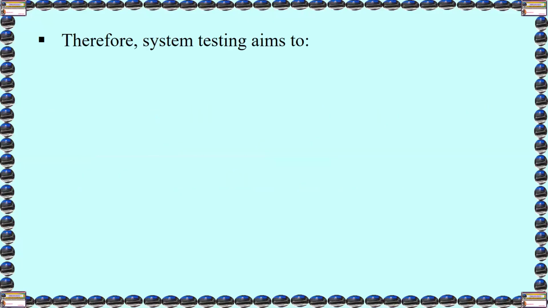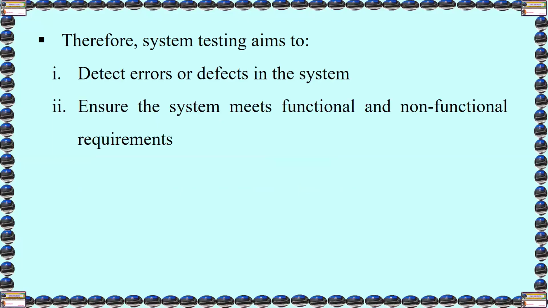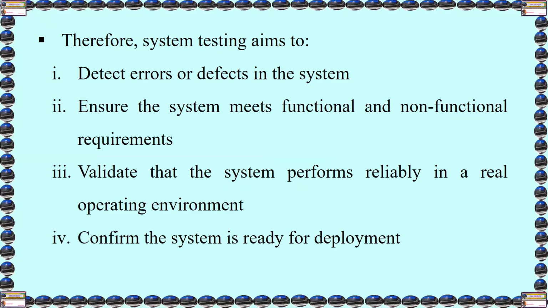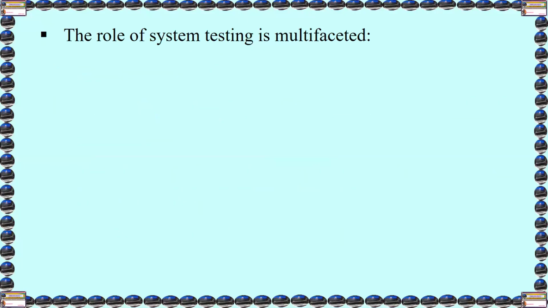Therefore, system testing aims to detect errors or defects in the system, ensure that the system meets functional and non-functional requirements, validate that the system performs reliably in a real operating environment, and confirm that the system is ready for deployment. Therefore, the role of system testing is multifaceted.